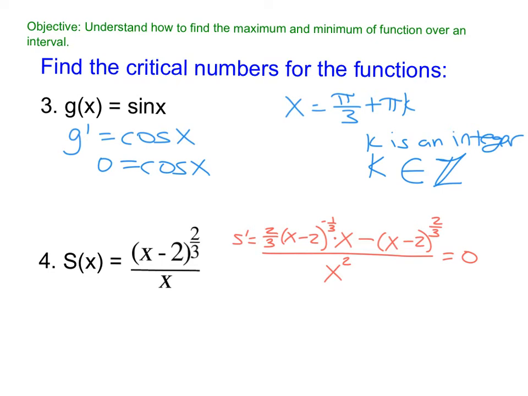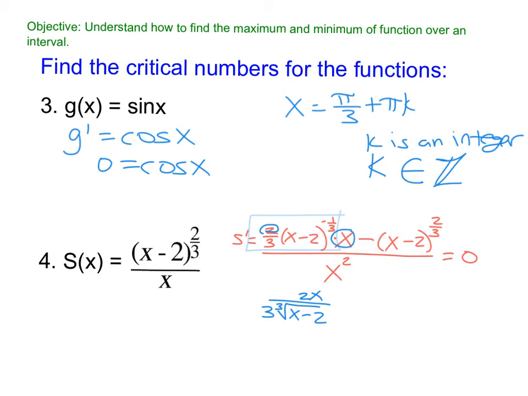So I'm going to ignore that x squared for a minute. I'm going to just start by rewriting these. When I rewrite that, I get 2 over 3, negative 1/3, that's the cubed root of x minus 2, and then times x, I'm going to throw that x on top.